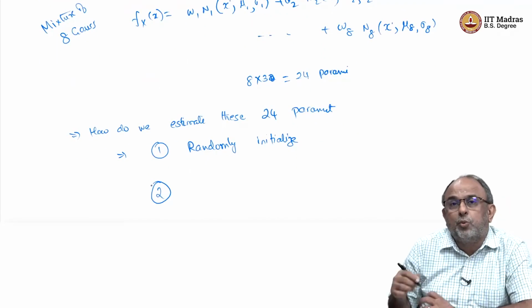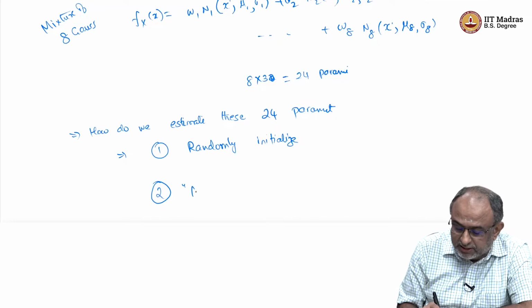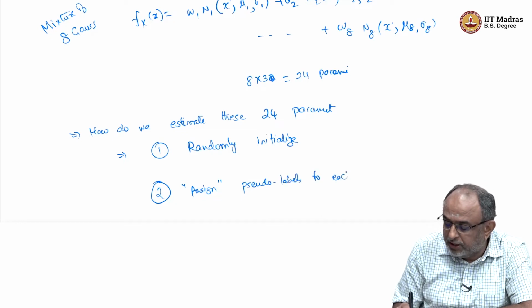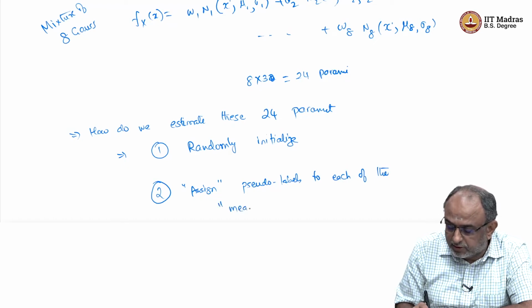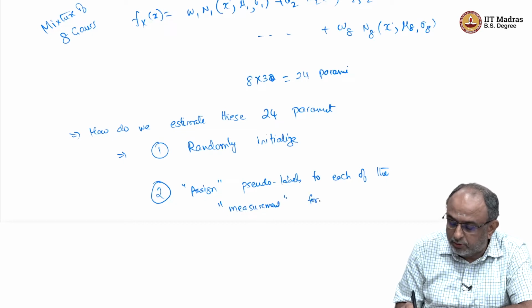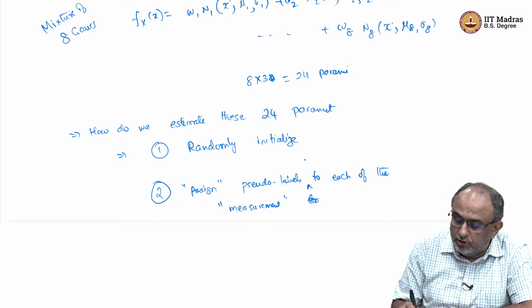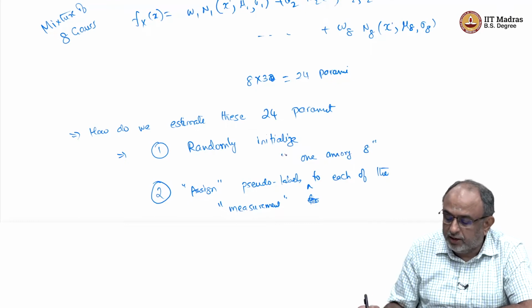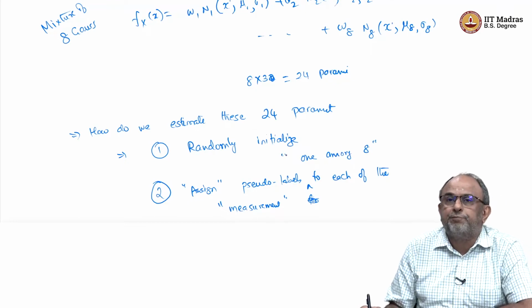Second step is we assign these pseudo labels to each of the measurements, that is, one among the 8, if I am talking about 8 Gaussians, to each of these measurements.